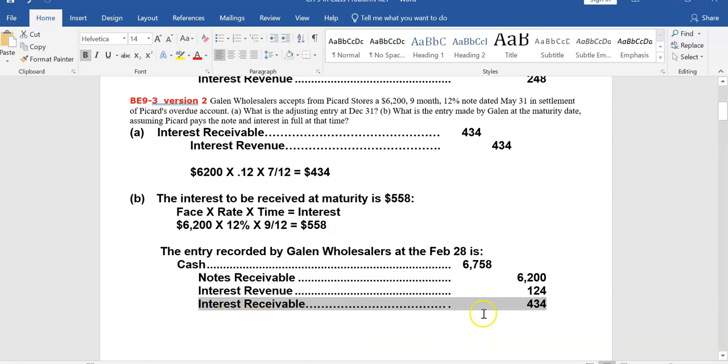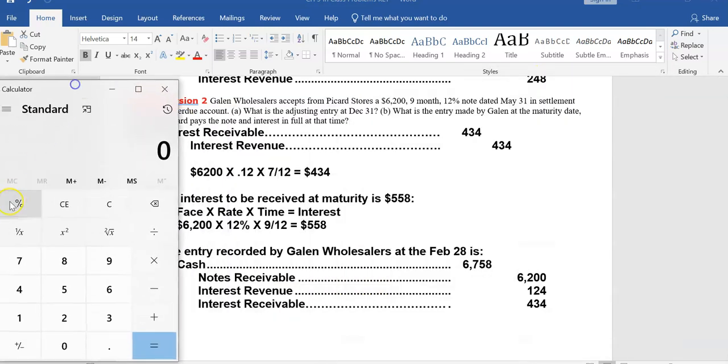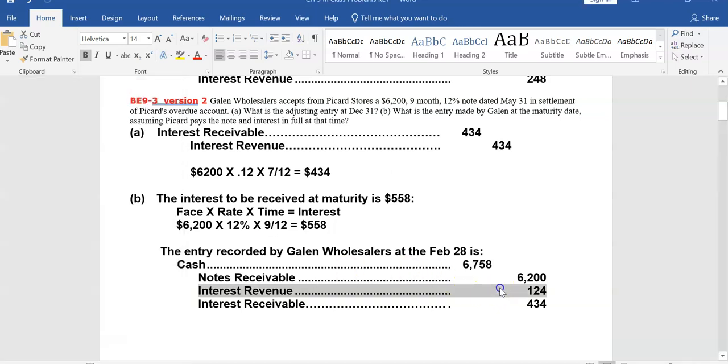So we will decrease the interest receivable that's in the general ledger from last year. And we will record another $124 worth of interest that was earned this year. Okay. The total interest earned was $558. Of that, $434 was earned last year, so the other $124 of interest revenue is earned this year.